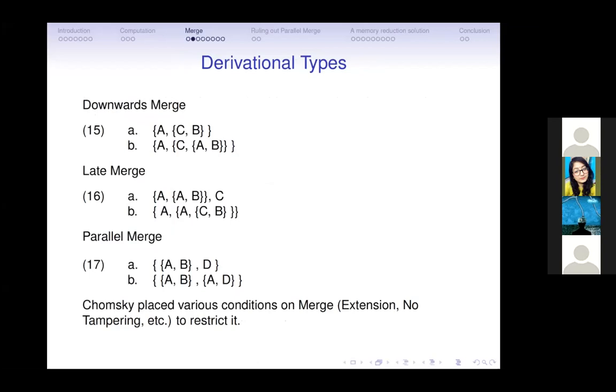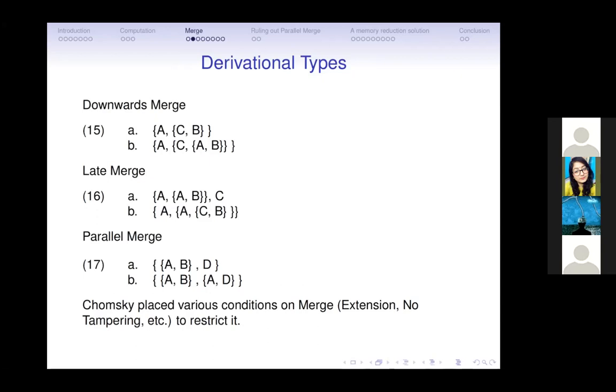I won't go through this very much, but you can easily use this system to actually have you take some object and merge something down inside it. So downwards movement, what we think of as downwards movement. For those of you that have done syntax, you'll know that that's just a no-no, okay? Human languages don't seem to have much, if any, downward movement.